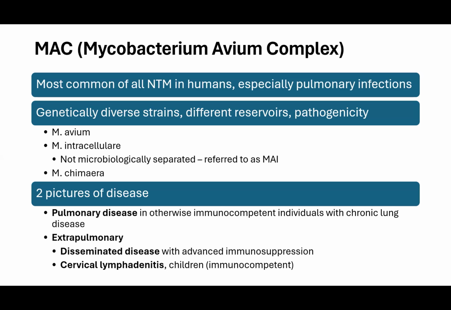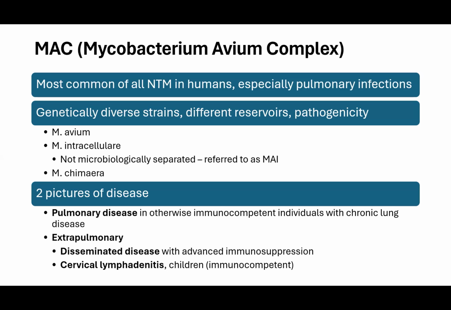It's a group of genetically diverse strains with different reservoirs and different pathogenicity. And it includes Mycobacterium avium and intracellulare, which aren't microbiologically separated, so they usually just refer to it as Mycobacterium avium intracellulare, and then Mycobacterium chimaera. And there are usually two pictures of disease.